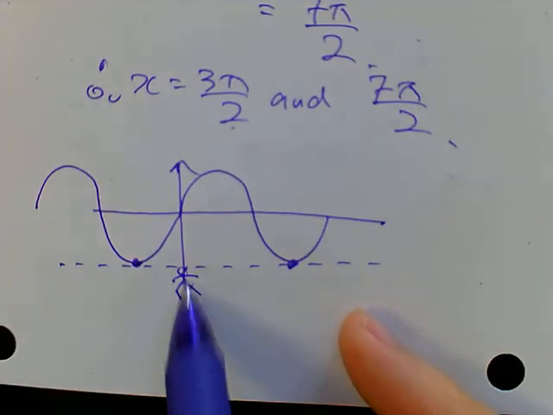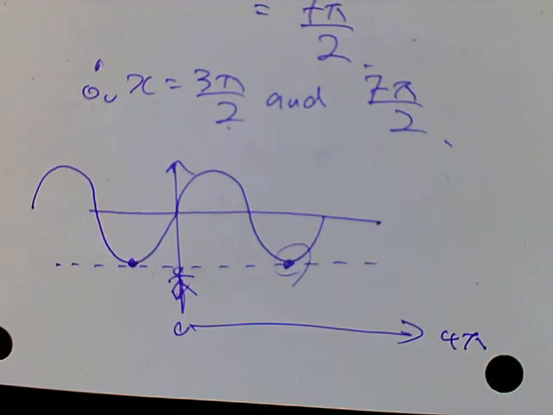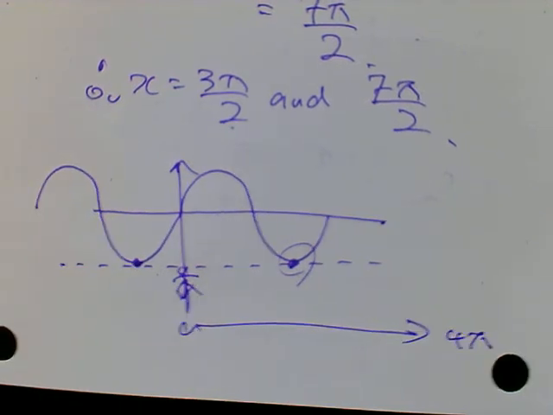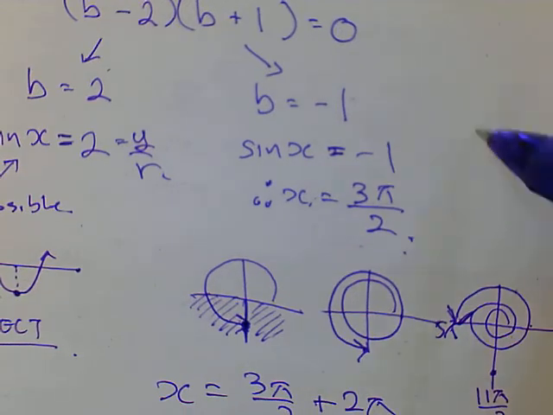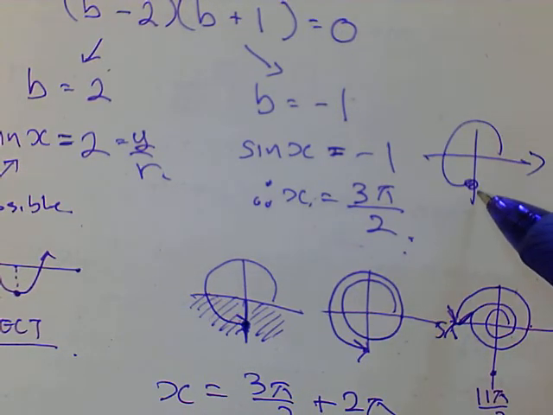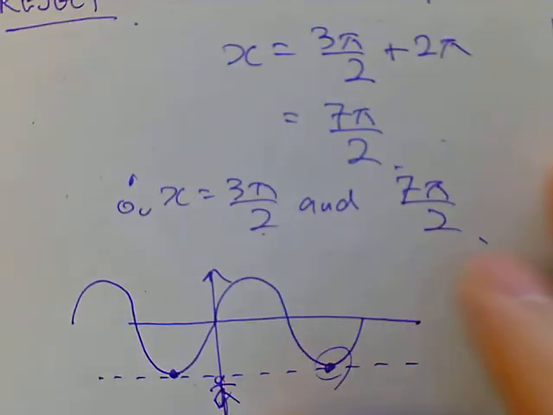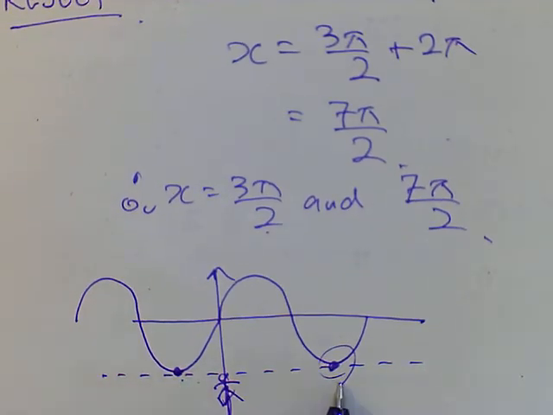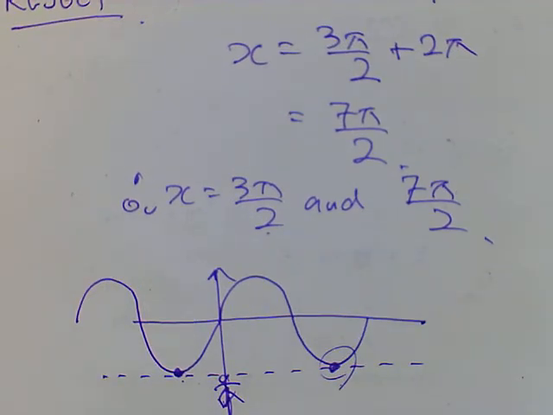But since the question is asking from 0 to 4 pi, you have to give me the other one instead. I would suggest that either you understand based on a Cartesian coordinate that this is going to be my -1, or look at it graphically so that you can transfer over.